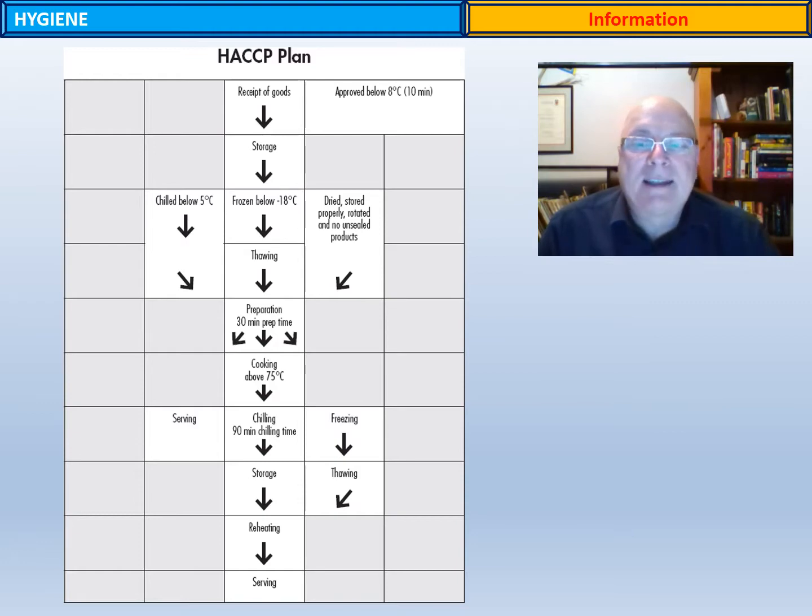This sample HACCP plan explains the temperature limits that are required throughout the food production process. All of the kitchen workers need to be aware of the correct temperatures and storage areas for food and understand how to prevent contamination.